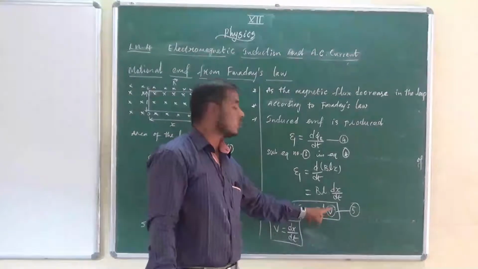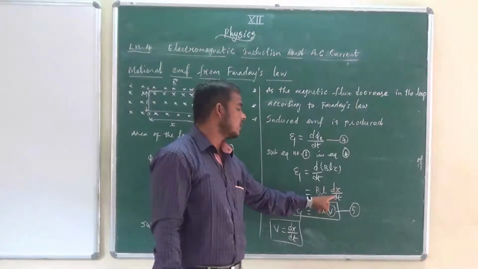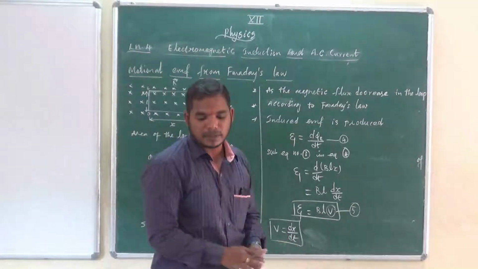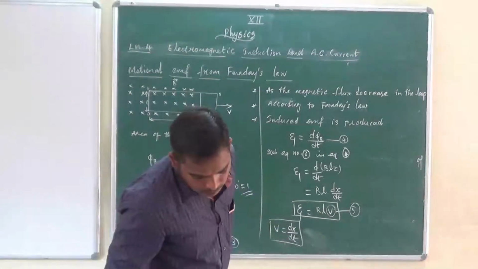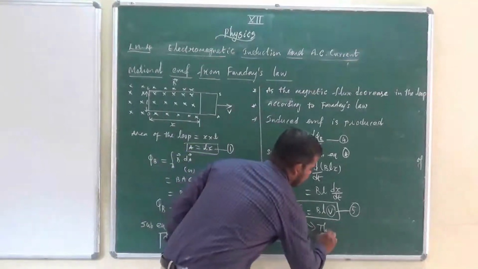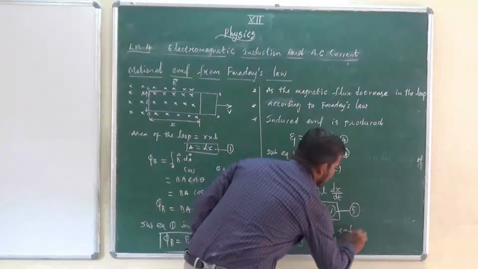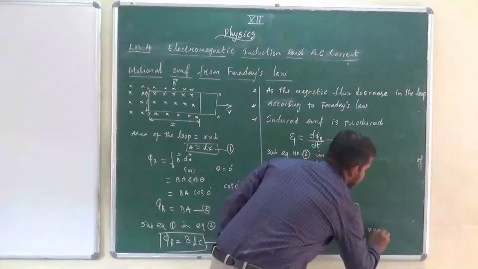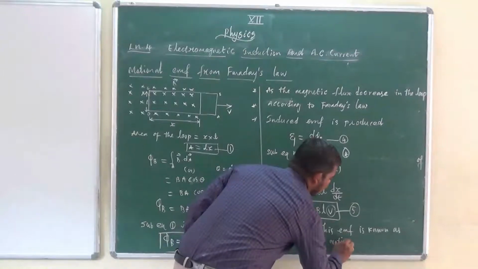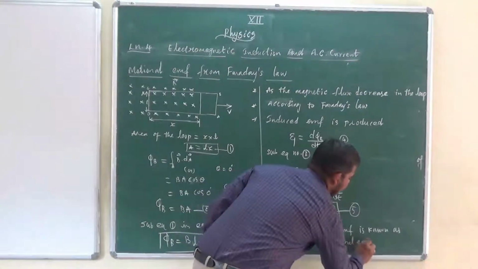Here V is obtained from dx by dt. V is equal to dx by dt, that means velocity. This EMF is known as motional EMF.